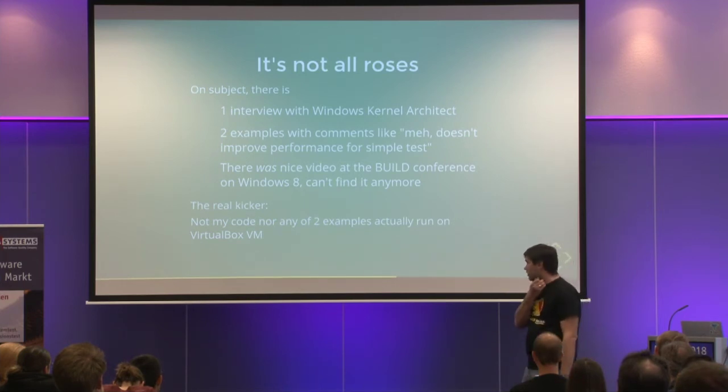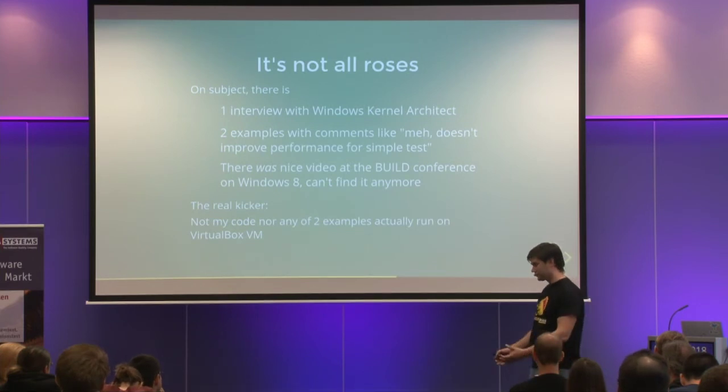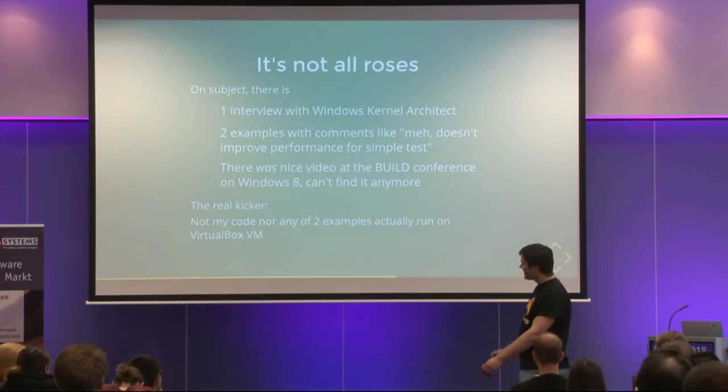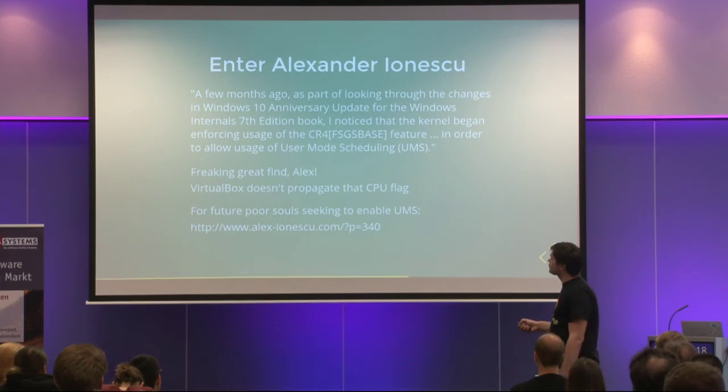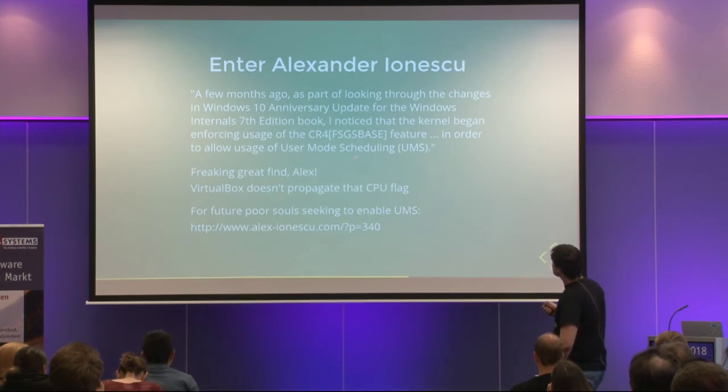And I was like, well, sucks. And I found this forum post, oh, maybe it is deprecated. I mean, it was so close. And I found this strange guy who is maybe a reverse engineer. And basically, I will just quote it: a few months ago, I found that the kernel began to enforce usage of the CR4 FGSAVE-based feature in order to allow usage of user mode scheduling.